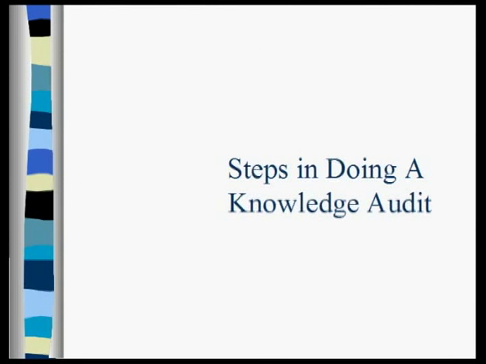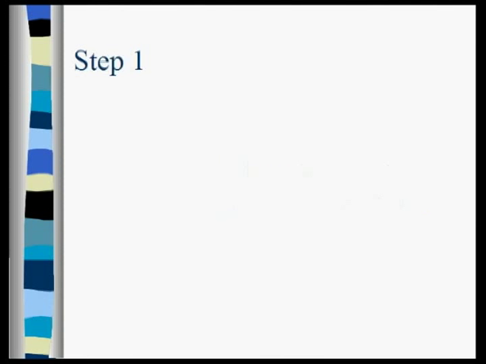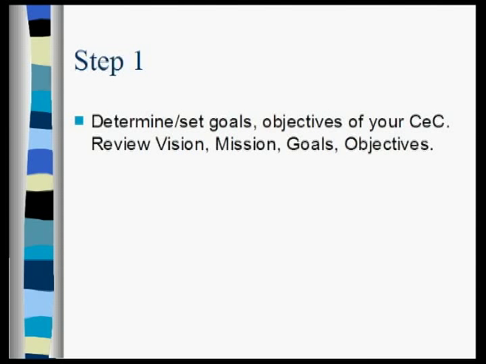So let's look at the steps in doing a knowledge audit. These 6 steps are actually found in your module, but we'll look at them more in depth, and I'd also like to provide you with some examples. The first step in doing a knowledge audit is to determine or set the goals or objectives of your CEC.